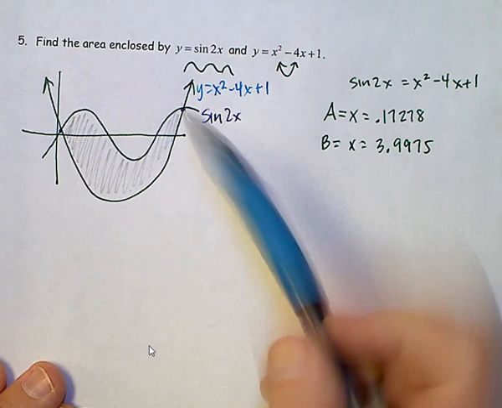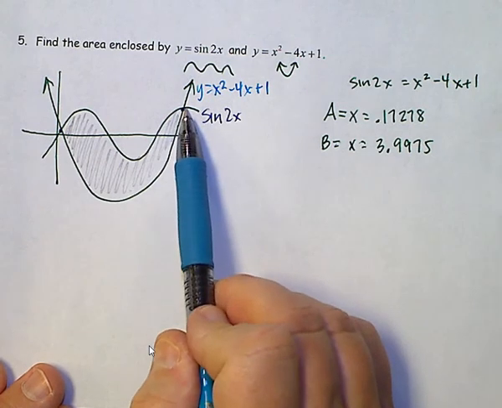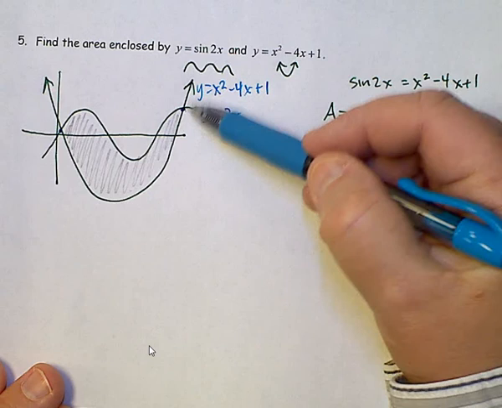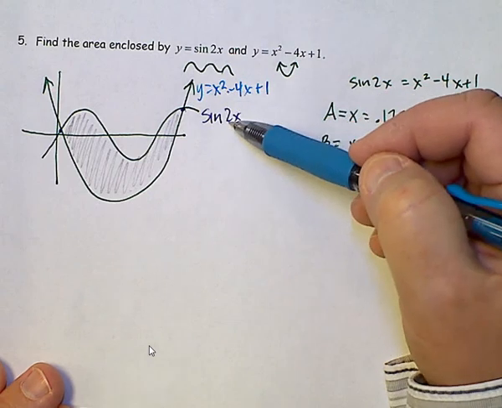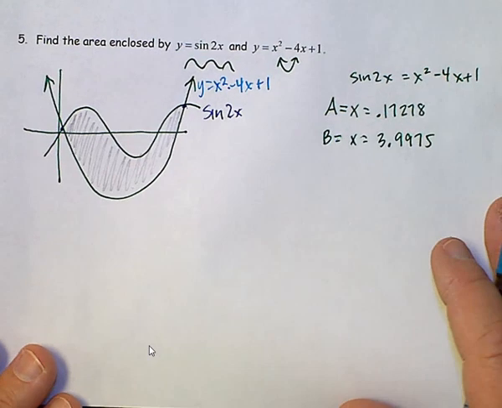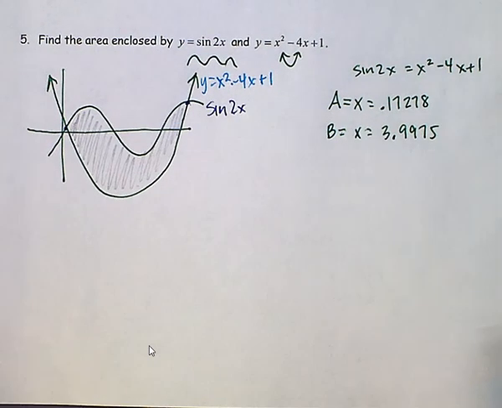If our boundary was going to go beyond this, notice how right there it flips, where the top function is now the parabola and the bottom function is sine of 2x. We'll have problems like that in the future where we have to deal with that, but for now, since we're just looking at the intersection of these two, this is all we need to deal with.